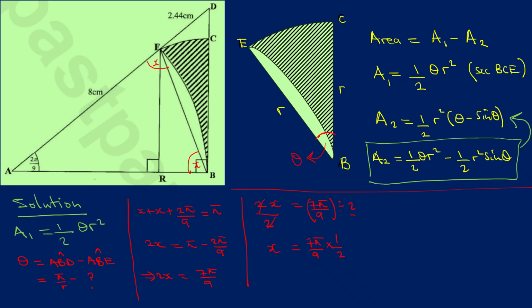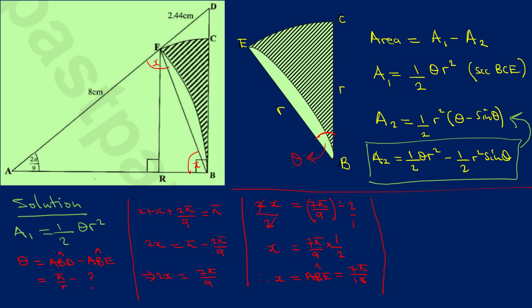Remember, this 2 is over 1. When you introduce a multiplication sign, you switch: numerator becomes the denominator, denominator becomes the numerator. And therefore our x, which is equal to the angle ABE, will simply be equal to 7 pi divided by 18. So this is our ABE.